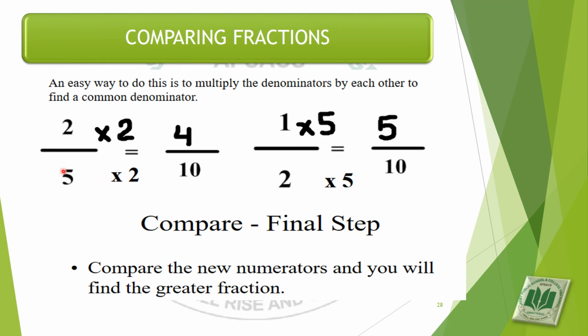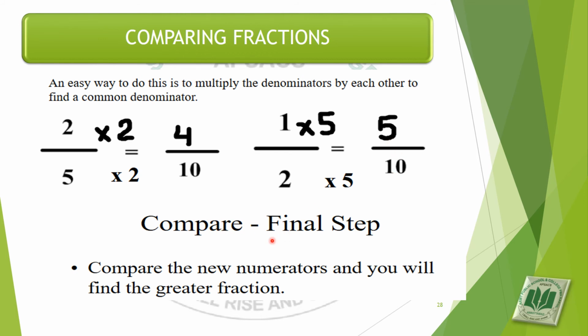So we multiply the first fraction, 2 by 5, by 2, and the second fraction, 1 by 2, by 5. So when we multiply the first fraction by 2, we get the answer 4 by 10. And when we multiply the second fraction by 5, we get the answer 5 by 10.